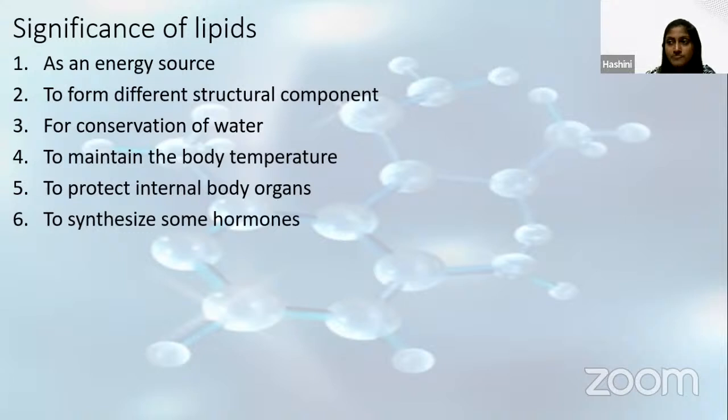And also, most animals contain wax, which helps to avoid desiccation, as it is important for conserving water, right? And the next one is to maintain the body temperature, right?